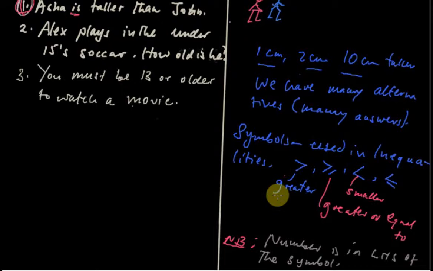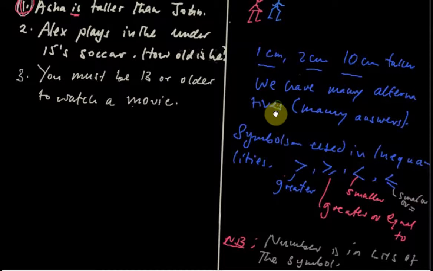So this means that the number here is greater. The number here is greater or equal to. The number here is smaller, or the number here is smaller or equal to.